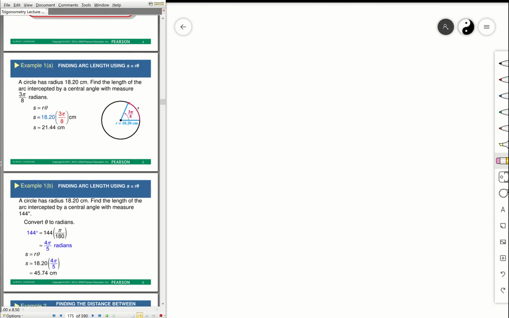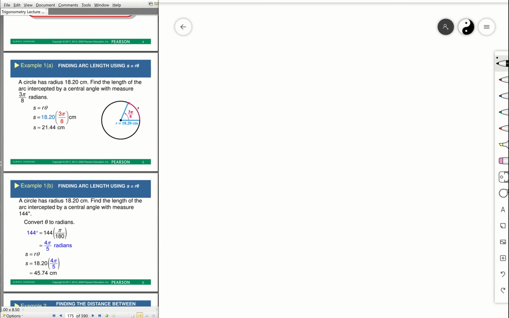Okay, let's take a look at an example of how we can apply those two formulas. Let's say we have a circle of radius 10 feet and a central angle theta which measures 3 pi over 4 radians.